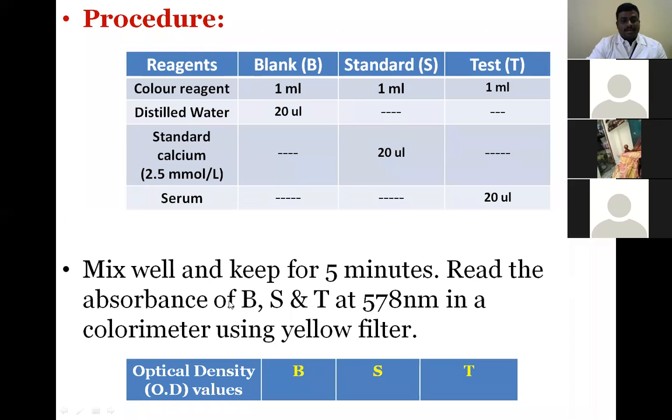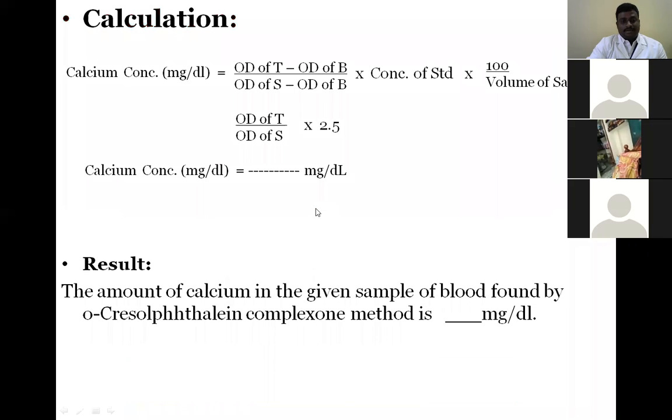Then read the absorbance of the blank, standard, and test at 578 nanometers. In the colorimeter, we already adjust the wavelength to 578 or 580 nanometers. Then we take the readings of the blank, standard, and test, and note them down.